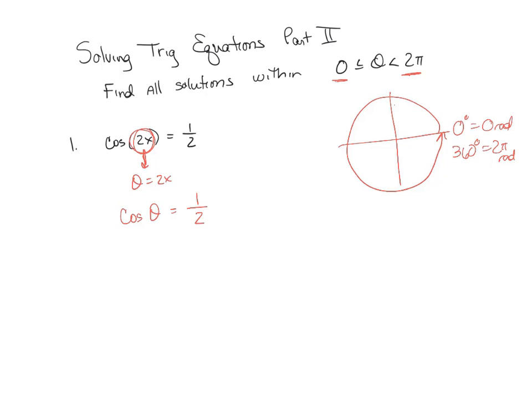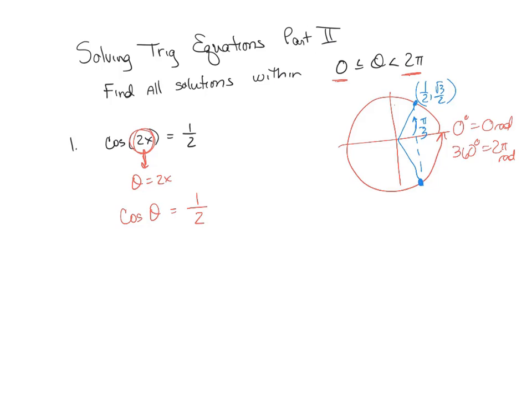Where is cosine theta equal to 1/2? We've done some similar to this. If cosine is equal to 1/2, that puts me at 60 degrees, or pi over 3. This is the point 1/2, square root of 3 over 2. Remember, cosine is your x value, sine is your y value. Where else is cosine equal to 1/2? Well, let's reflect down into quadrant 4.